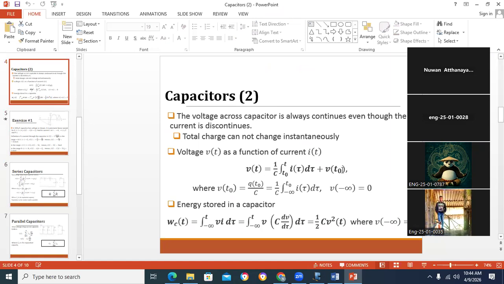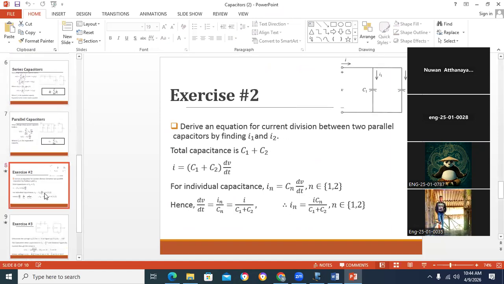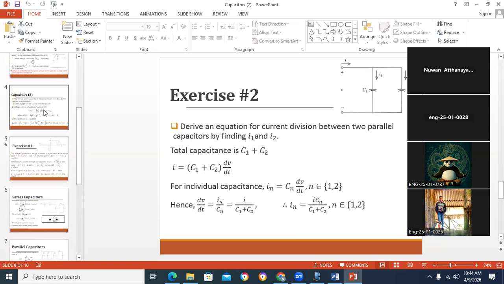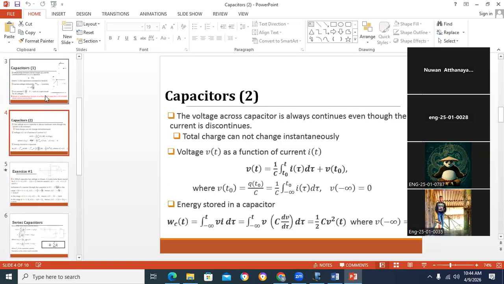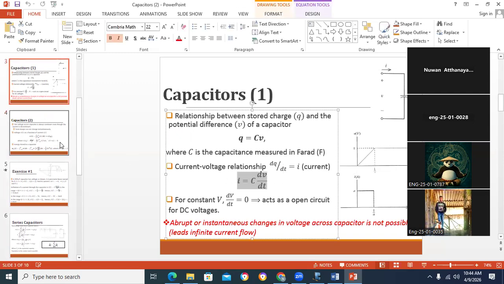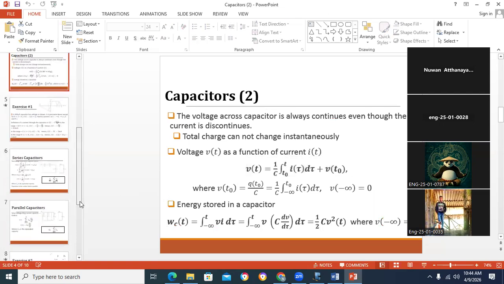This is the voltage across the capacitor. And this is the current across the capacitor. This is the current across the capacitor. This is the voltage across the capacitor.